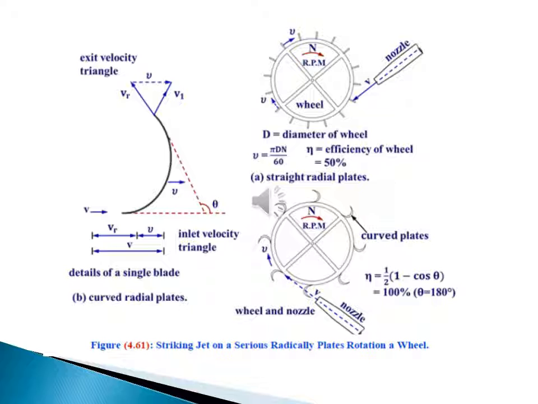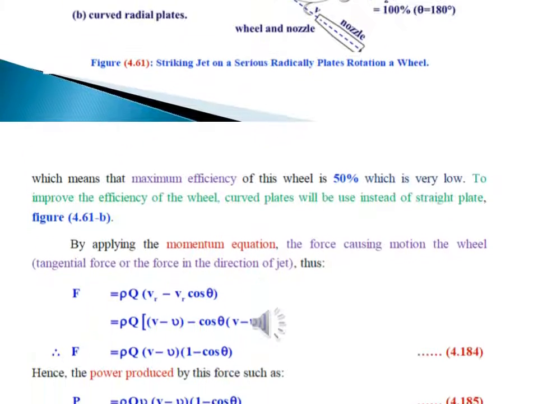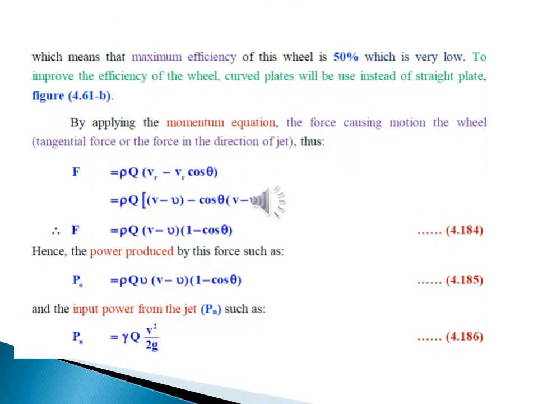Sample figure showing streaking jets on a series of radially placed rotation wheel vanes. Look, my dear, it is important to note that to improve the efficiency of the wheel, curved plates will be used instead of straight plates, as shown in the previous figure.